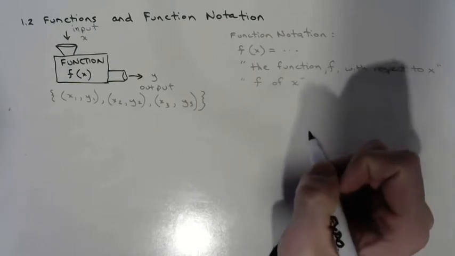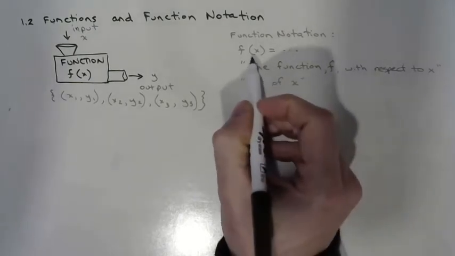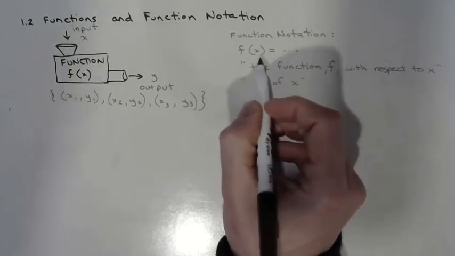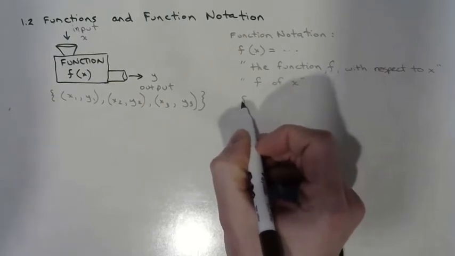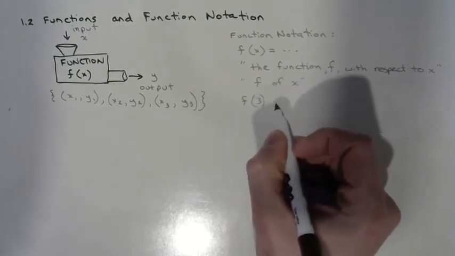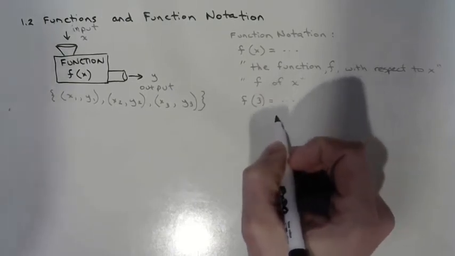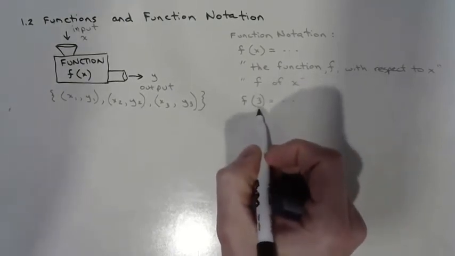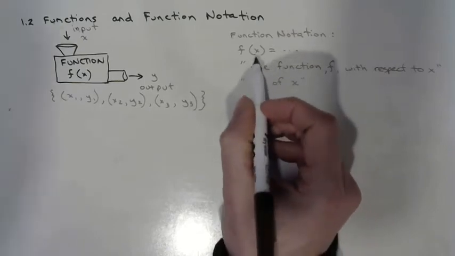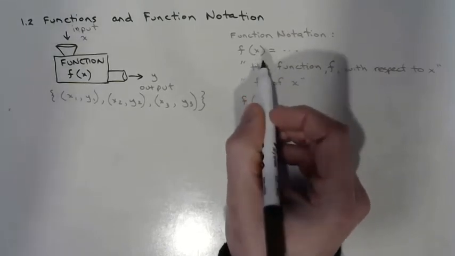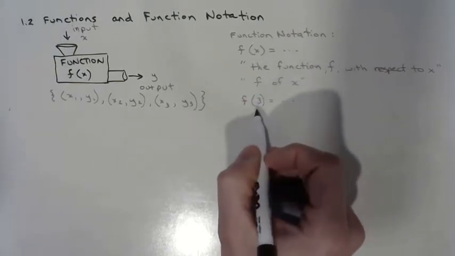Okay, well, we can also find not just the function in general, f of x, but we could also find f of 3 equals. Okay, well, what does that mean? That means you've taken the value 3, you've put it in the function everywhere you see an x, and you get a value of the function when x is 3. Okay, so what does this mean?